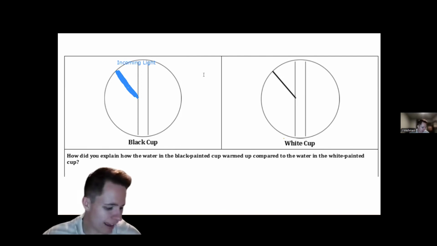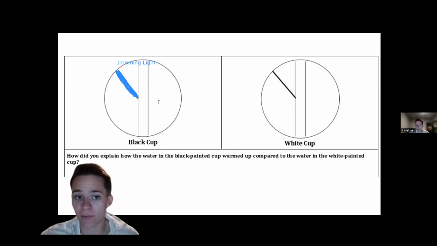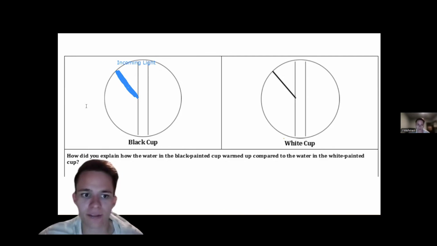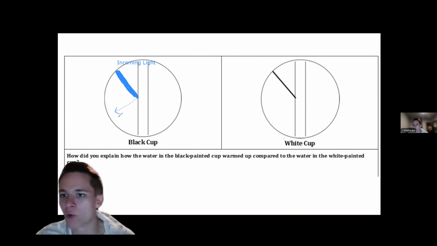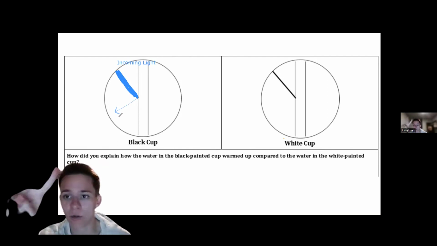When I'm looking at the black cup, I notice that zero is being transmitted. None of that light is making it through the wall of the cup. I know that 6% is being reflected. So yes, some of it is being reflected, but a very, very small amount. Well, Mr. Mayman, that's all I have left on my data table, so I don't know where else that light is going. Remember, light can interact with an object in one of three ways.